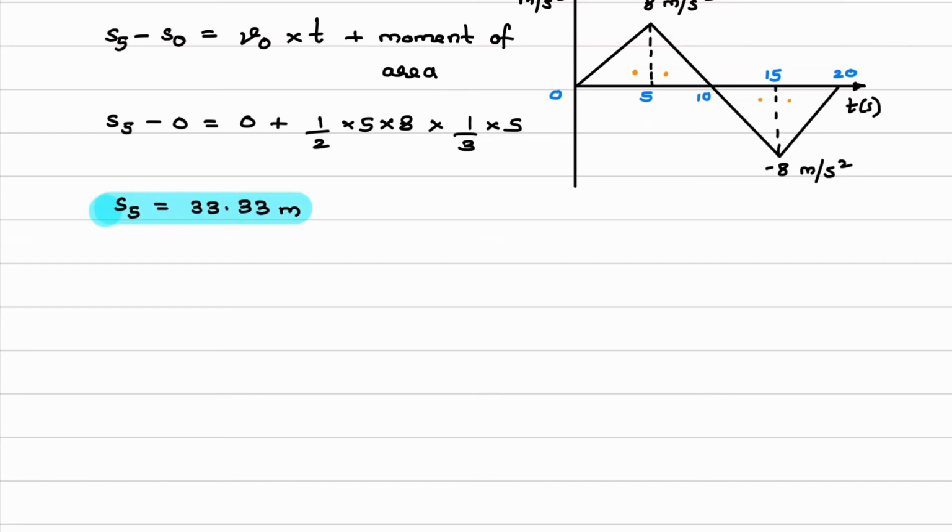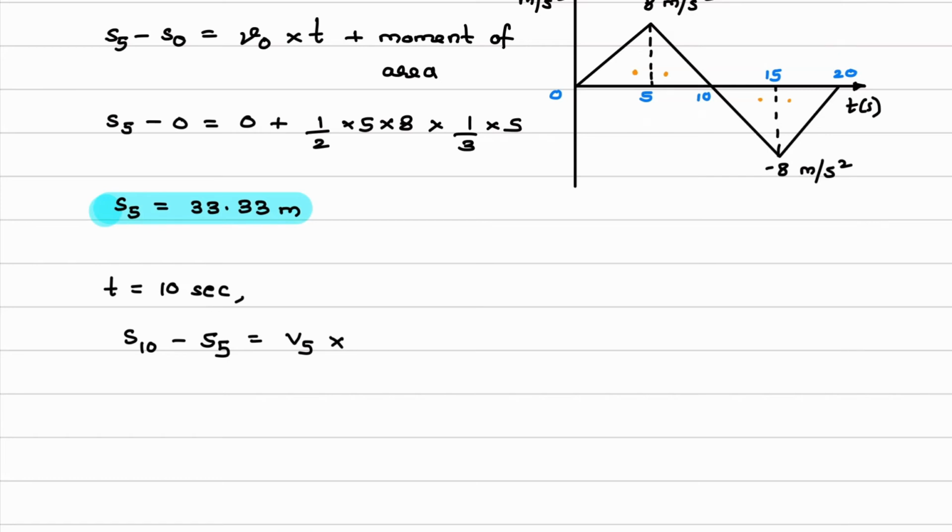Next we will write for S10. So at t equal to 10 seconds, we can write S10 minus S5. Now whatever is this second term, its velocity we have to use. So velocity will be V5 into that delta t.